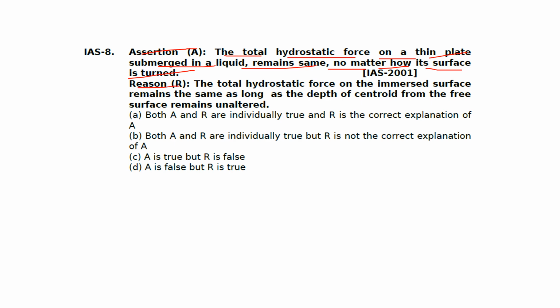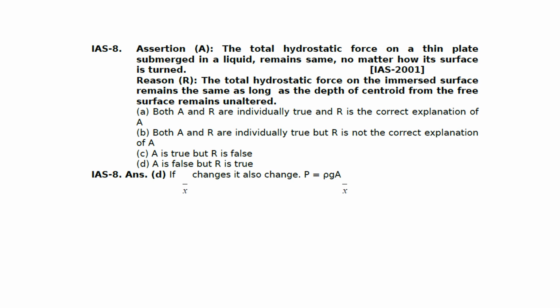Reason: the total hydrostatic force on an immersed surface remains the same as long as the depth of the centroid from the free surface remains unaltered. The assertion is actually wrong, because if x bar changes, then the pressure will change.